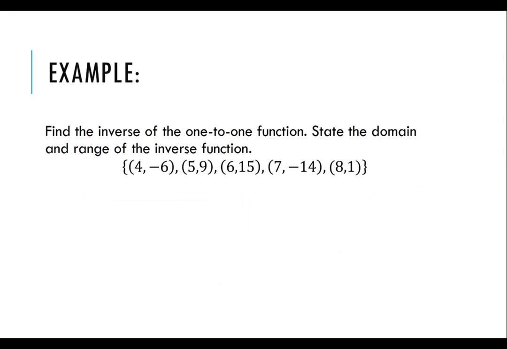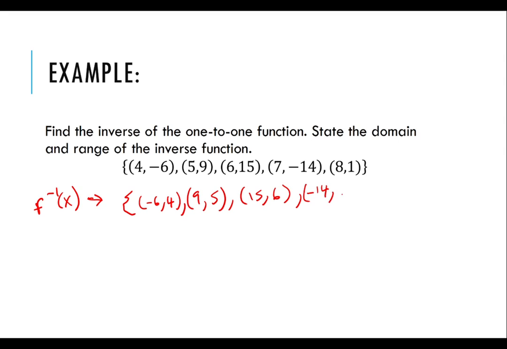If we're trying to find the inverse of this one-to-one function, the inverse relation will be to swap the x's and y's, that is negative 6, 4, 9, 5, 15, 6, negative 14, 7, 1, 8.